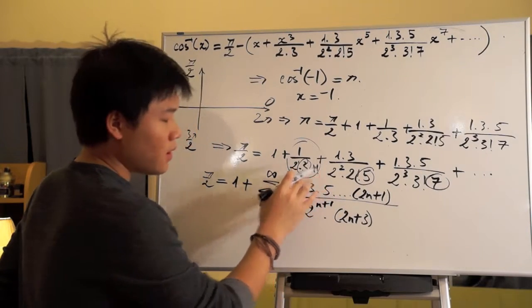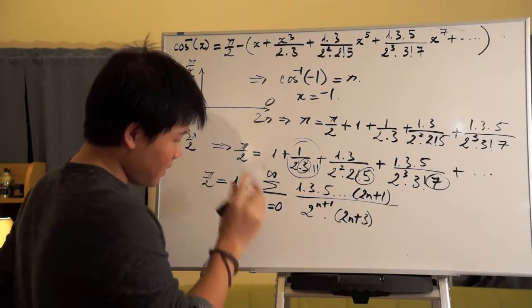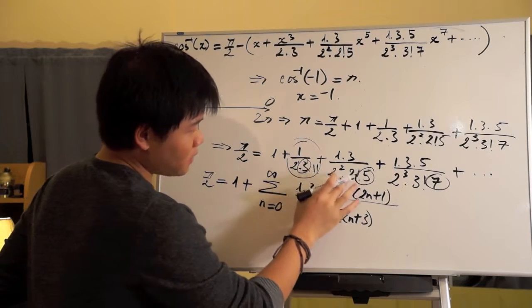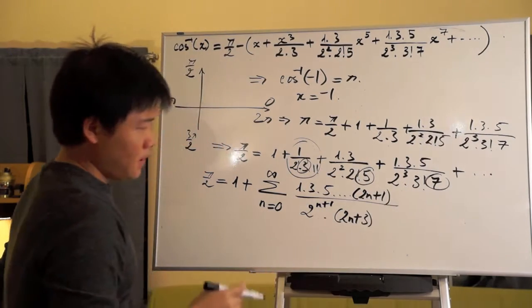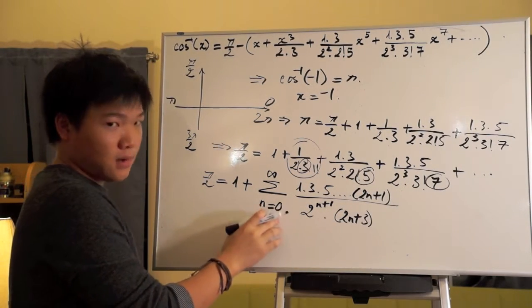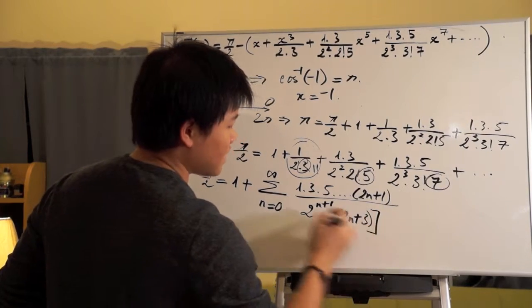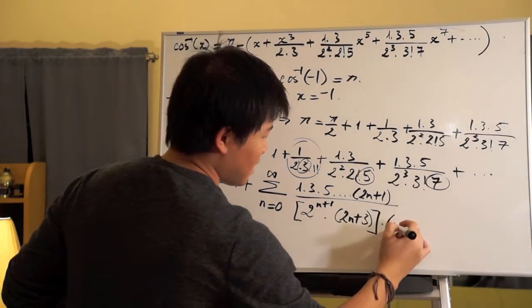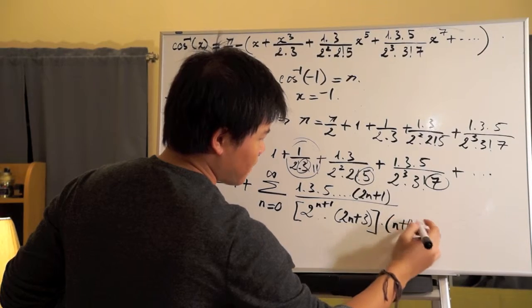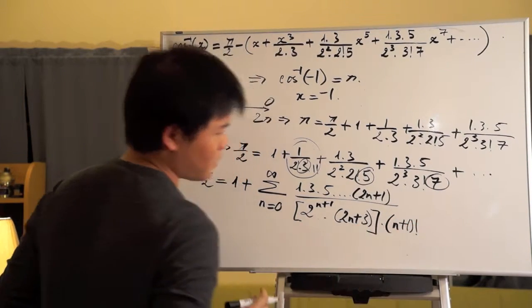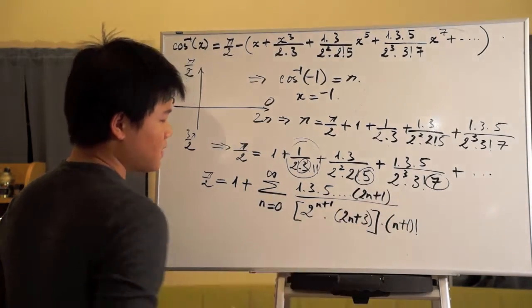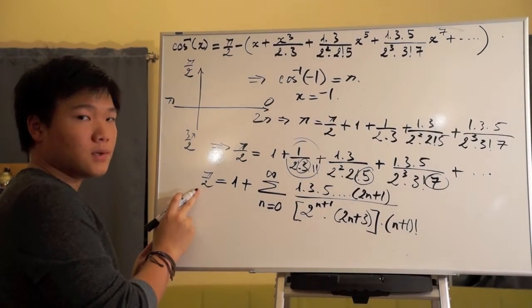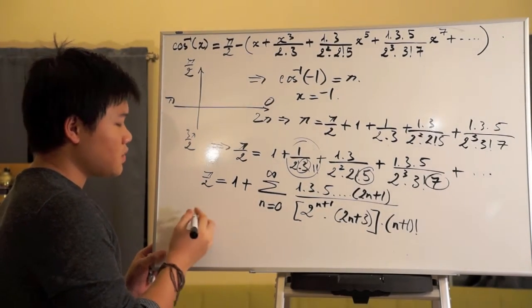So now we have the factorial to be concerned about. Here we have 1 factorial, 2 factorial, 3 factorial. But n started at 0, so we can say that this is n plus 1 factorial. Okay, so this is the series, but here we have pi over 2, so simply multiply by 2 on both sides.